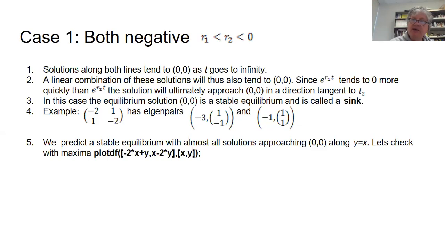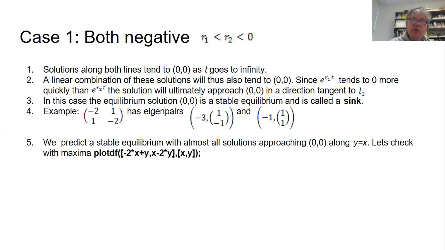Okay, the sum of the eigenvalues is -4, and their product is 3. So you do a little bit of math and you can figure out that the eigenvalues are -3 and -1. Okay, so they're both negative, and it's very easy to figure out the eigenvectors.